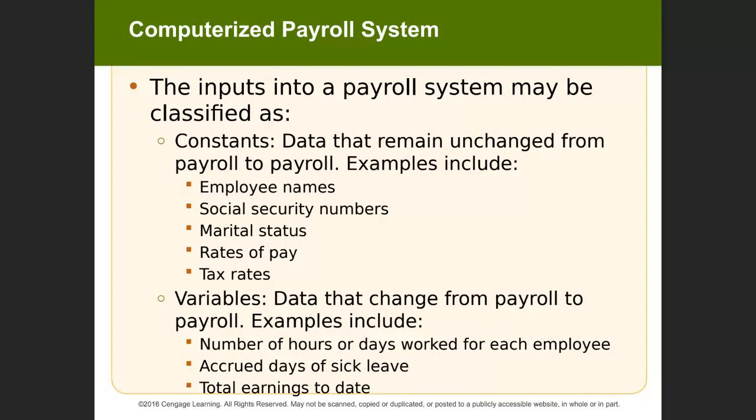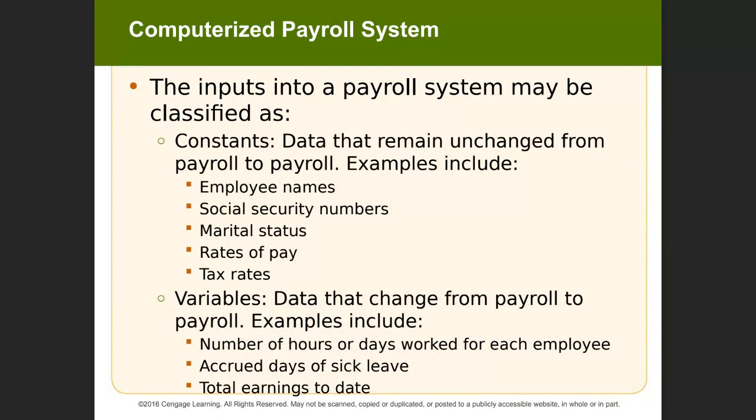The inputs into a payroll system may be classified as constants and variables. Constants are data that remain unchanged from payroll to payroll. Some examples include the employee's name, Social Security number, marital status, their rate of pay, and their tax rates.